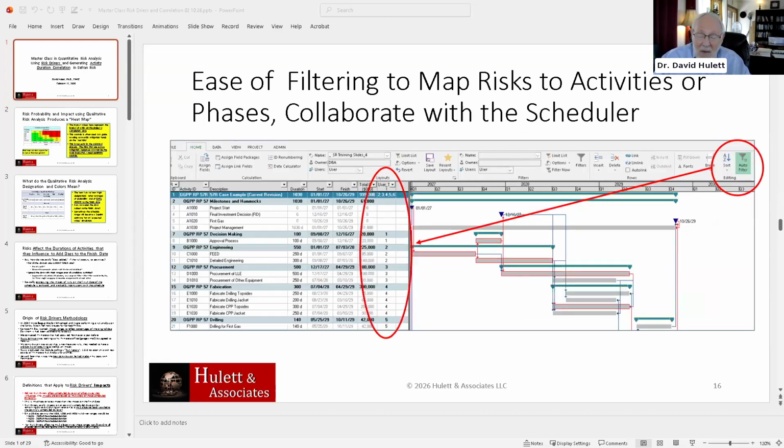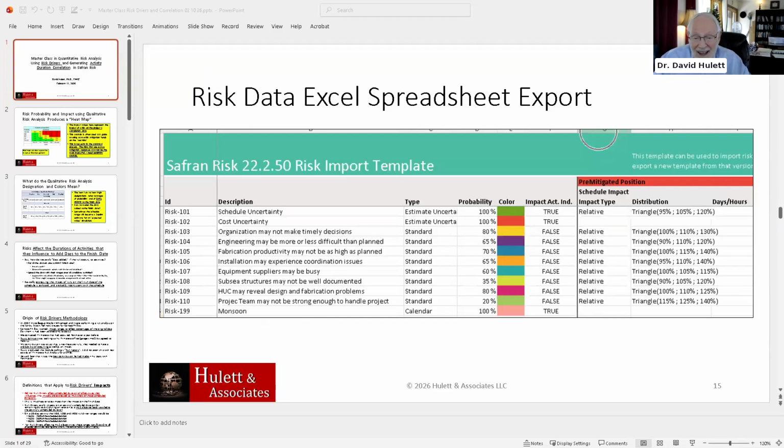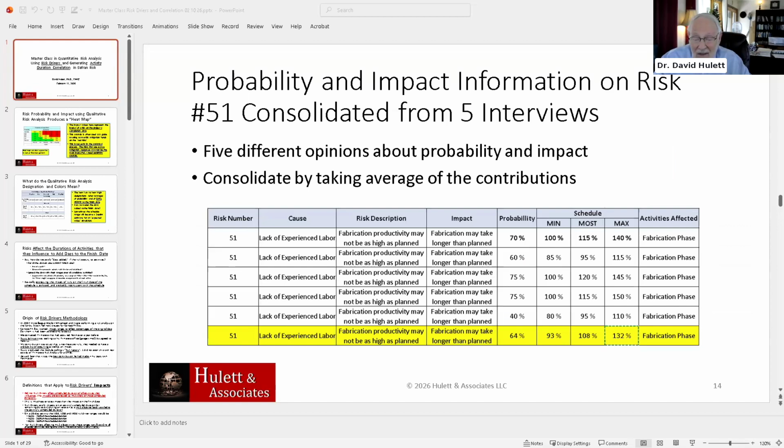All right, now, by the way, what did I do? I have taken these risks, and I have said, look, here are 5 different people responding to a particular risk. You might have 2 or 3, or you may have 10 or 20, whatever it is.